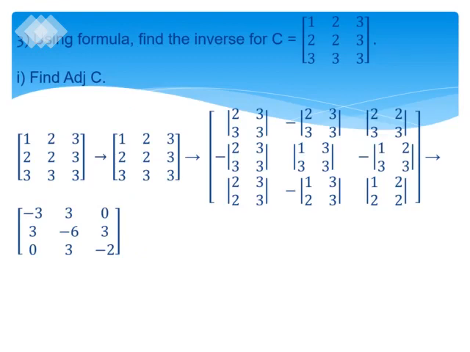Okay, next, using the formula, find the inverse. For number 3, we go straight to the inverse. The first step, we find the adjoint of C. First we write down C, and then we transpose.